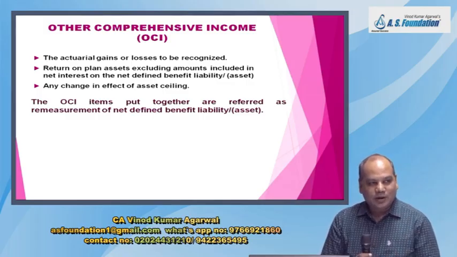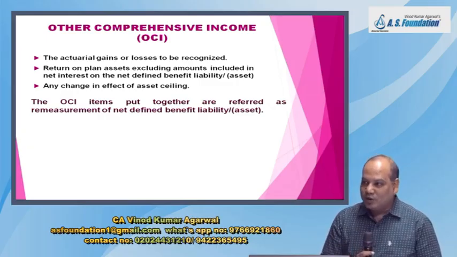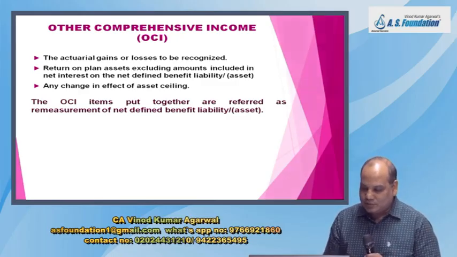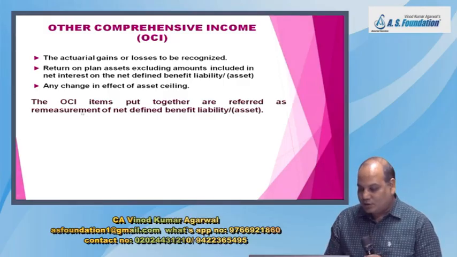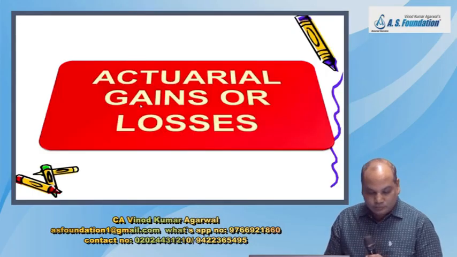Curtailment and settlement, gain or loss. 3 items in OCI: actuarial gain or loss, return on plan asset excluding the interest portion recognized in P&L account, and third is adjustment in asset ceiling. And these 3 items together are called remeasurement adjustment, okay, remeasurement, and this remeasurement is not subsequently transferred to P&L account.